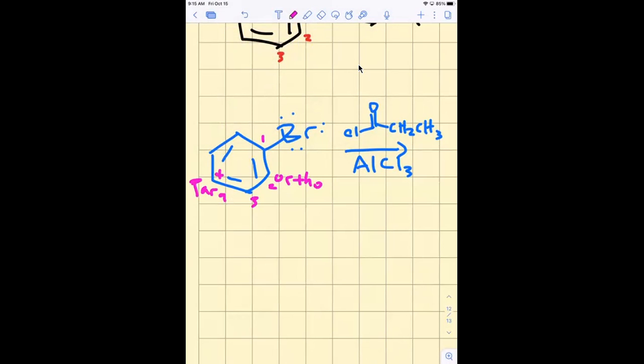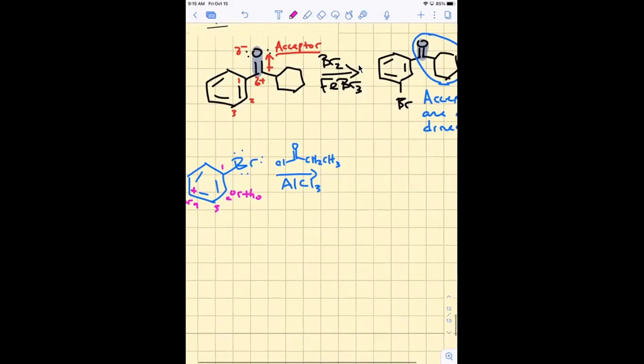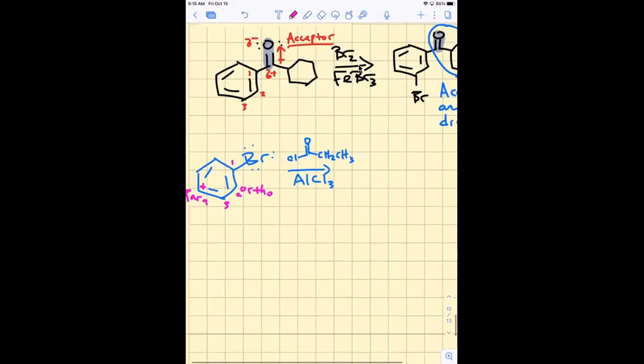So if you count to 4 away from the position where that first substituent is, you can see where the para position is. It's basically 180 degrees to the substituent, and then the ortho position is at position 2. All right. So when I isolate this, what am I adding to the ring?